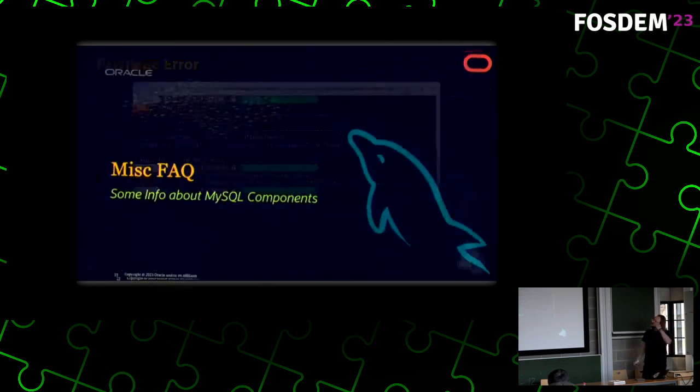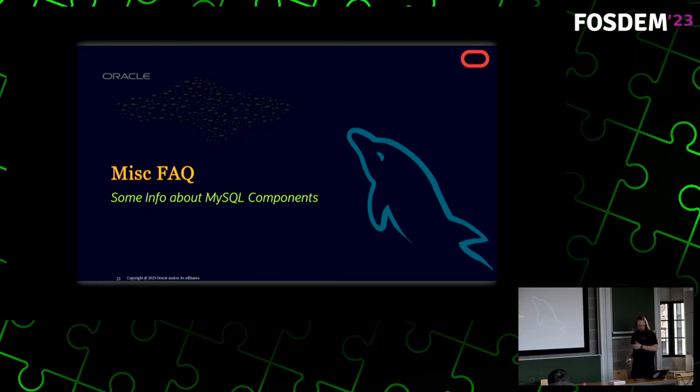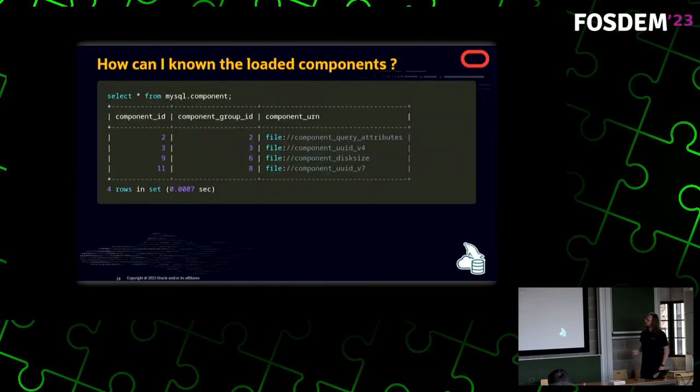Some information about the MySQL components: you can see which components are loaded. You do select star from mysql.component. There is a system table called component, and you can see which components are loaded, and sometimes a component can be part of a group, and then you will see whether they are in the same group or not, which is not the case here.